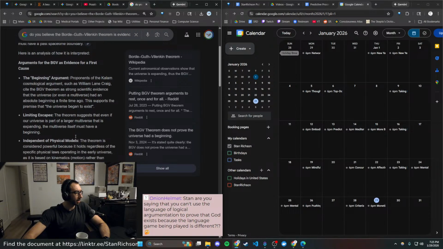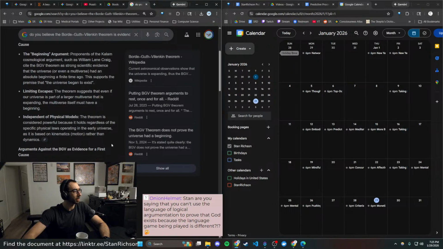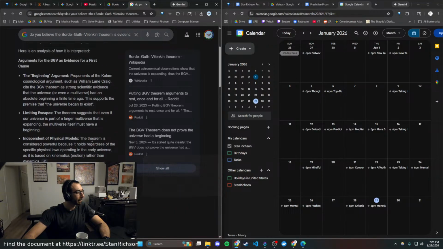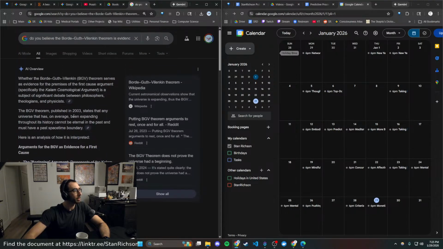The theorem suggests that even if our universe is part of a larger multiverse that is expanding, the multiverse itself must have a beginning. The theorem is considered powerful because it holds regardless of the specific physical laws operating in the early universe. Okay, I see what's going on. That's what the first cause argument is.